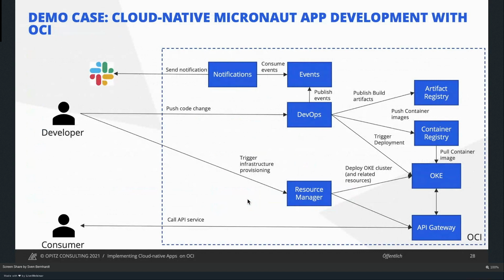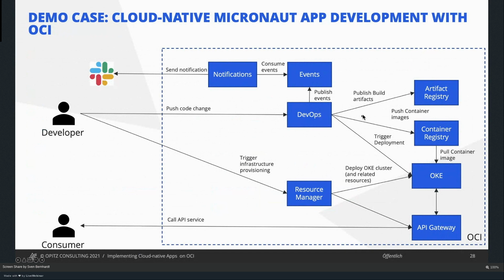So we have the DevOps service. I built a Micronaut cloud native app. My code is managed within DevOps, and as soon as I push my code and trigger a build pipeline, an event is generated, then the event is consumed by the notification service and sent to a Slack channel. So I'm informed by Slack about all the events that occur: that the build was triggered, that the deployment pipeline was triggered, and that the deployment has been rolled out to my OKE instance.